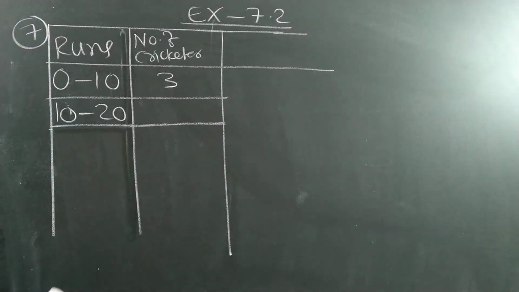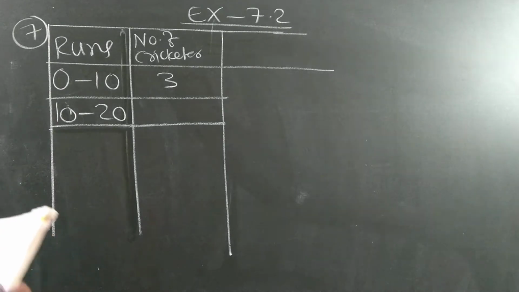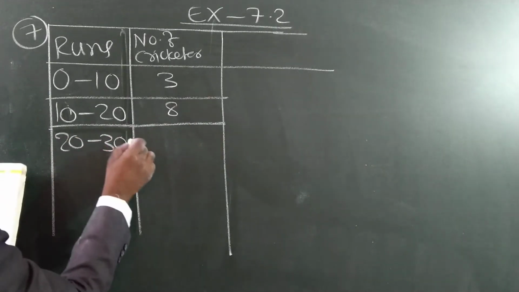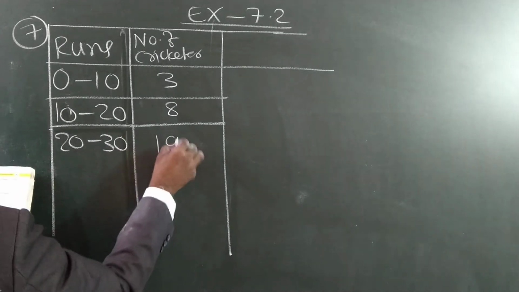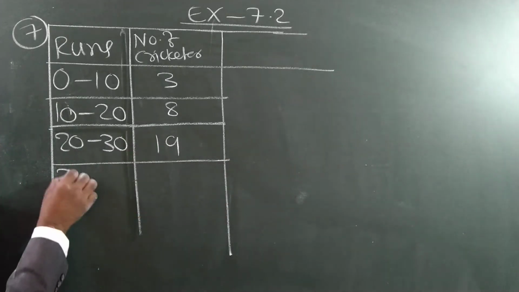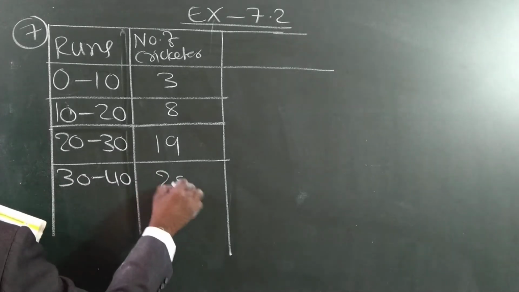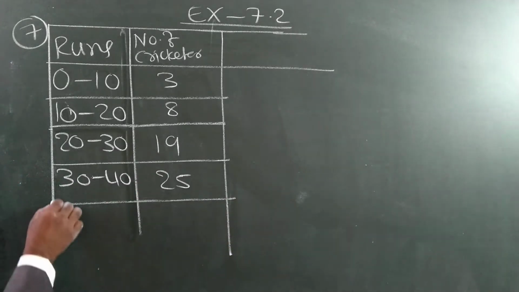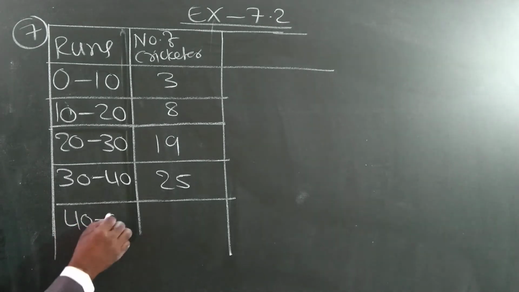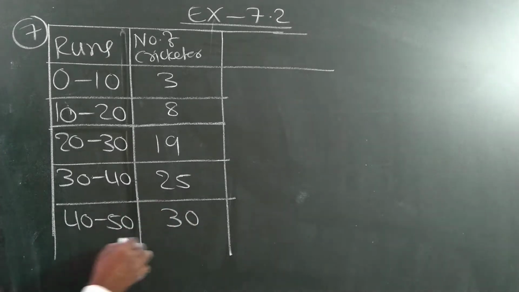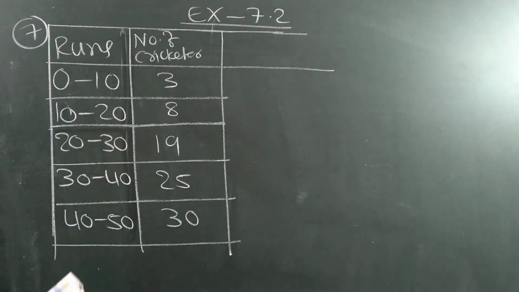Students, 10 to 20, 8. 20 to 30, 19. 30 to 40, 25. 40 to 50, 30. This is the cumulative frequency table.